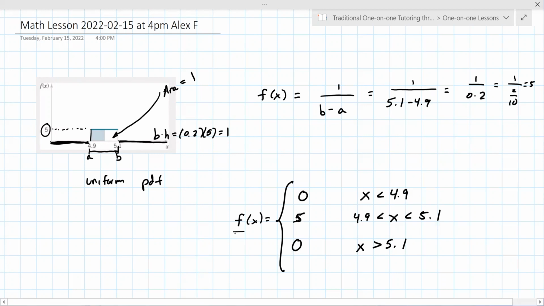Remember, we're talking about the PDF, not the CDF. Oh, this is a PDF. Yes, little f is the PDF. I see, this has to be clear before we can move to the cumulative density function. Okay, got it. Let me write this down here.